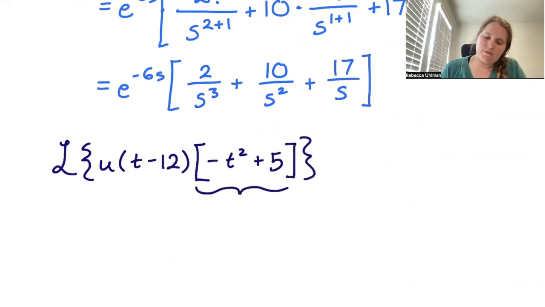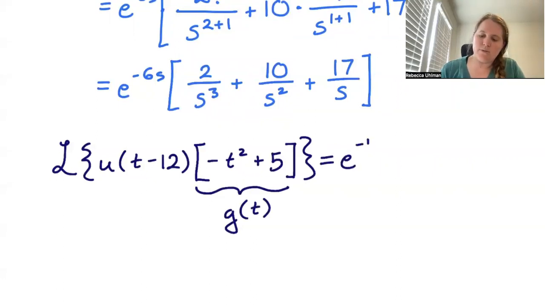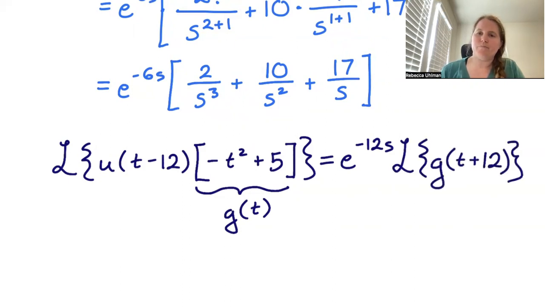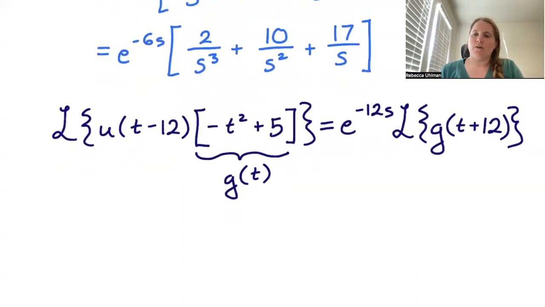If we take that negative t squared plus 5 to be our g of t here, then this Laplace transform should be e to the negative 12s. Our tau here is 12, times the Laplace transform of g of t plus 12. So we need to know g of t plus 12.